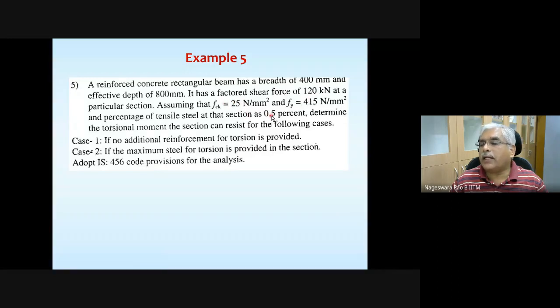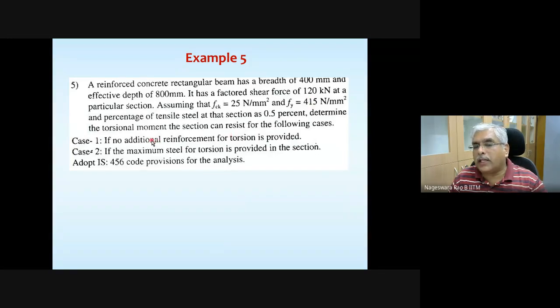First, we need to calculate design shear strength, and then based on the shear force that is given, we should be able to calculate the nominal shear stress, and then you compare nominal shear stress with design shear stress, and see if nominal shear stress is less than design shear stress, then what is the amount of shear that can be applied and other things.